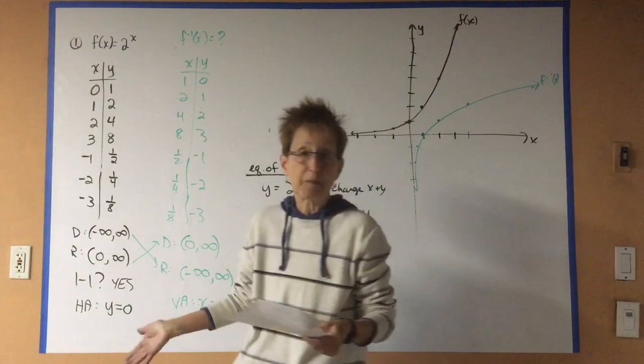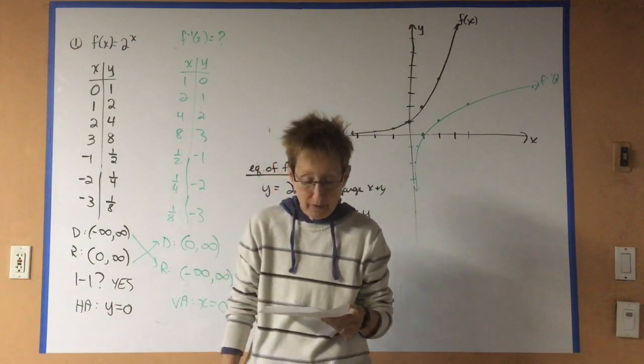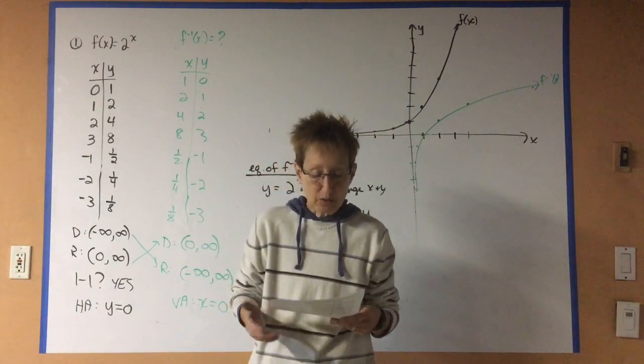5.3, all the examples in the handout, make sure you know how to do them. 5.3 and 5.4, this is graphing the rational function and answering the questions that go with it.